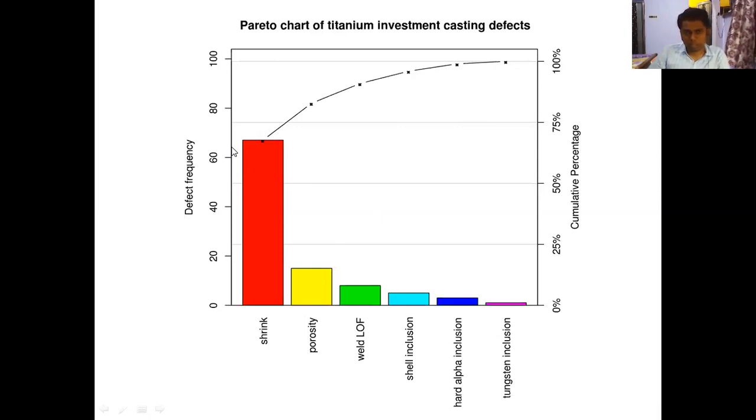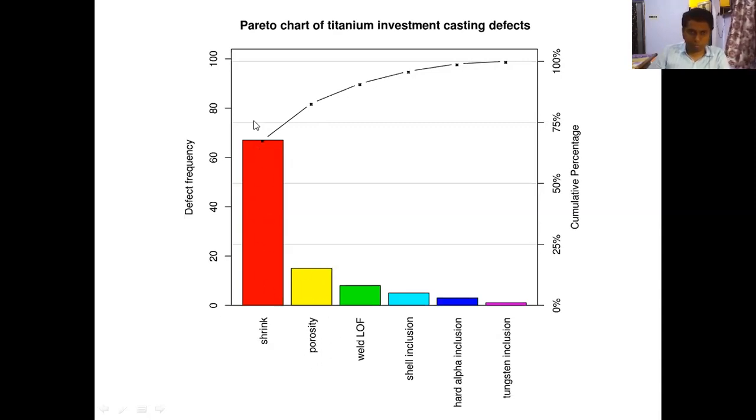That means that out of this 100% of defects, 70% is because of shrink, and almost 10% is because of porosity.